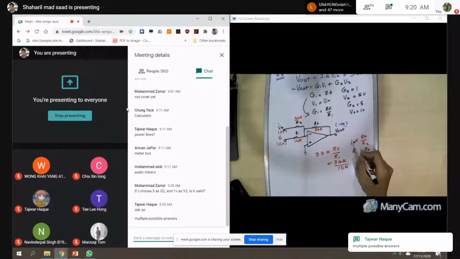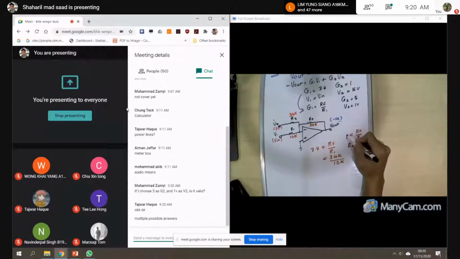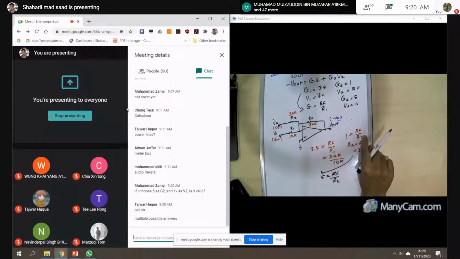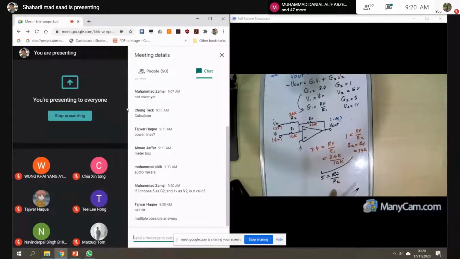But of course, the formula will be 5 equal to RF divided by R2. Then you need to divide RF by 5 in order to get the R2. So, multiple possible answers.